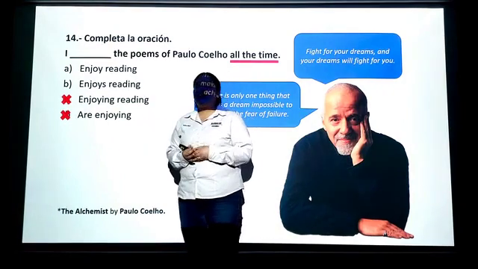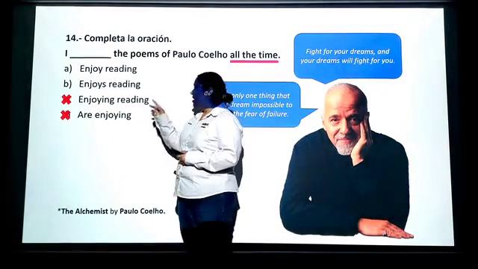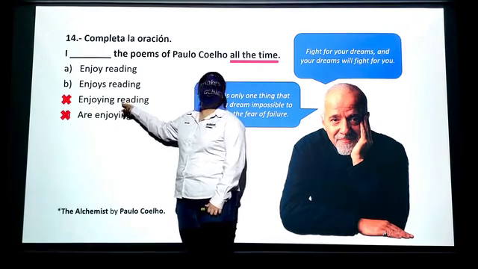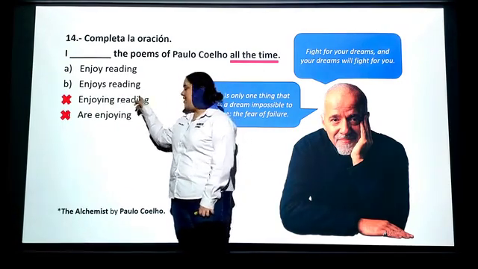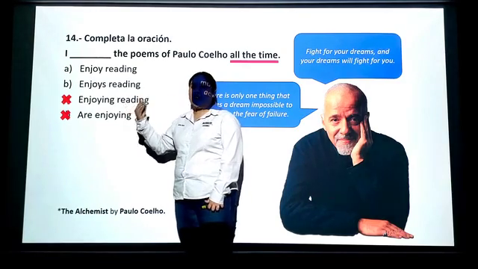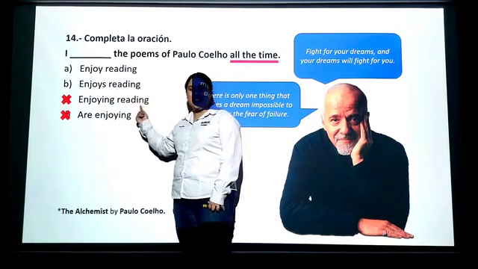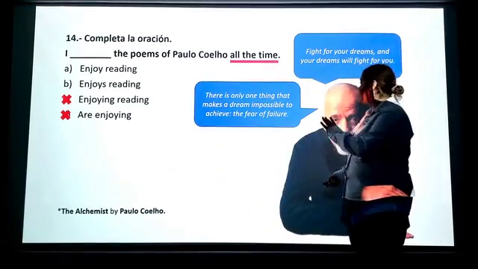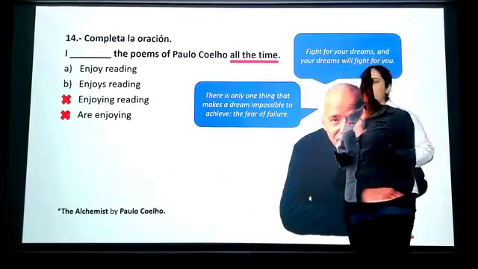Why are we eliminating these ones? Well, we are going to use simple present. And this one finishes with ing. And this one doesn't even exist. You can never have ing in ing. The same way as you cannot have past tense and past tense. Knowing this, we pay attention to this person who is Paulo Coelho.